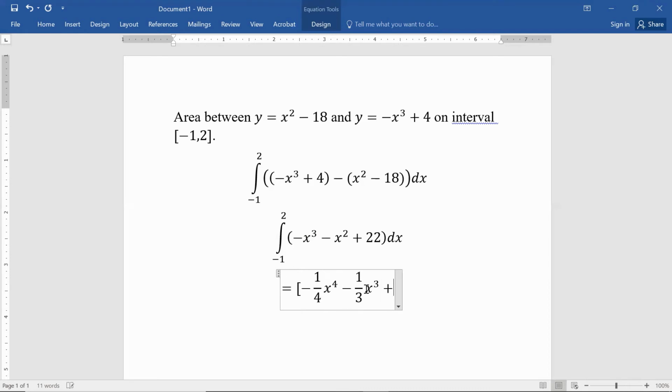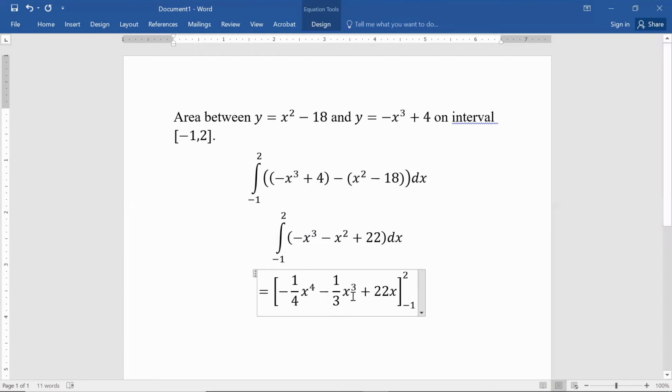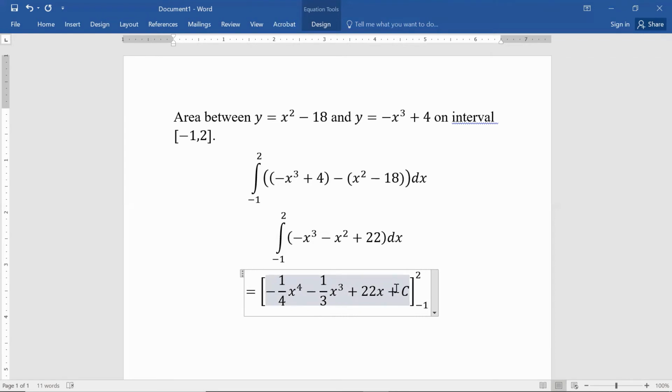My third term is going to be 22x. I could add on any constant that I want. I will make it easy on myself and add on a constant of 0. This is one antiderivative that we can use. The others would just differ by some sort of constant that we would have added at the end.